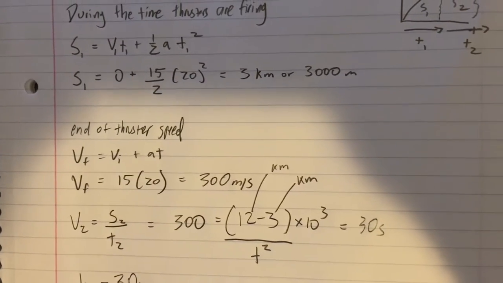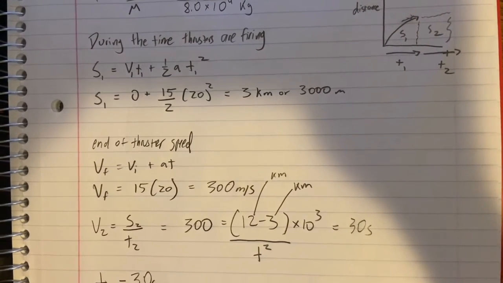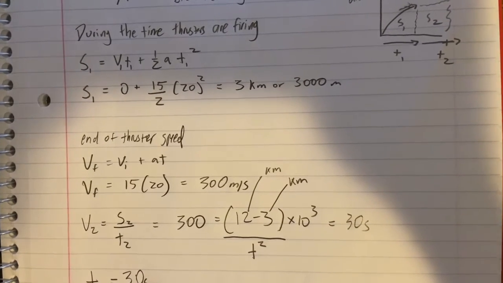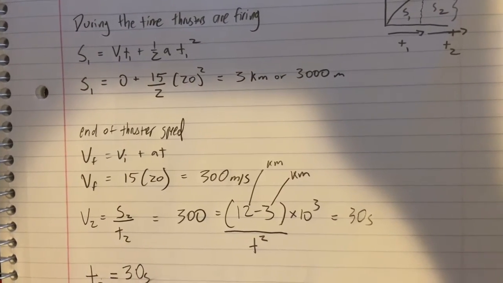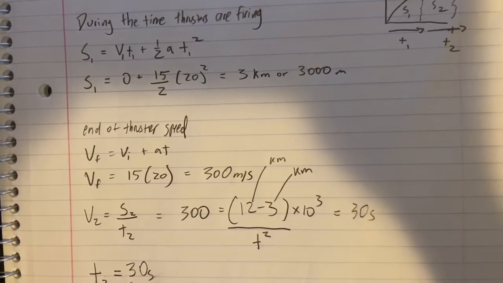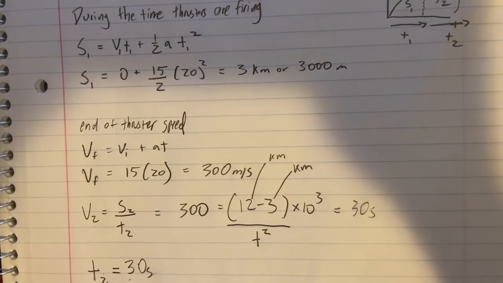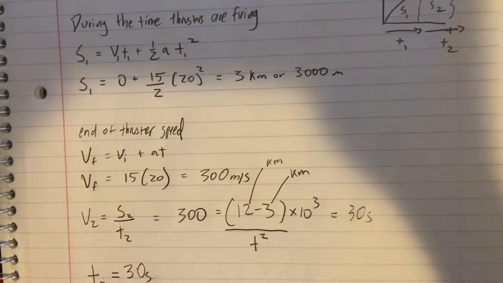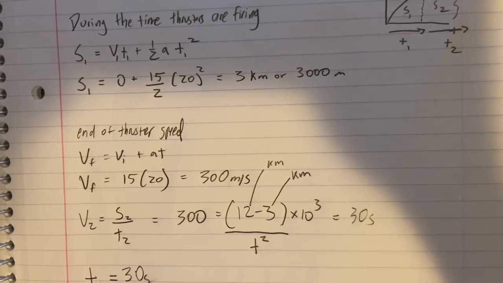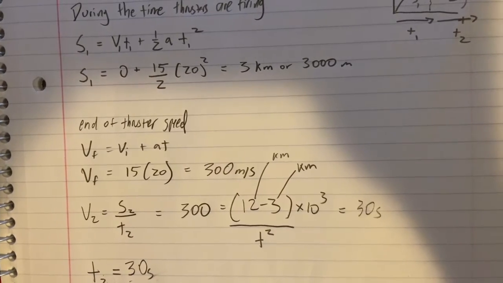To find the distance covered, it coasted for 12 kilometers, and we found that other distance that it covered, which was 3 kilometers. So the total distance over that interval was going to be 9 kilometers, converted in that equation, which turns out to be, I believe, 9,000 meters. So the time that it took to cover that interval is going to be 30 seconds. That would be the time it took to coast that distance.